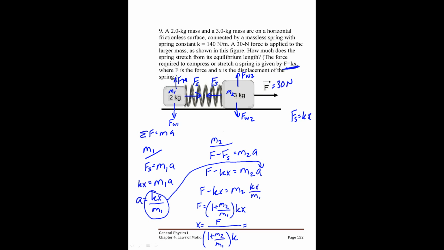And that gives me x equal to 30 over 1 plus 3 halves, times 140 newtons per meter, which is 0.086 meters. All right, which is 8.6 centimeters.